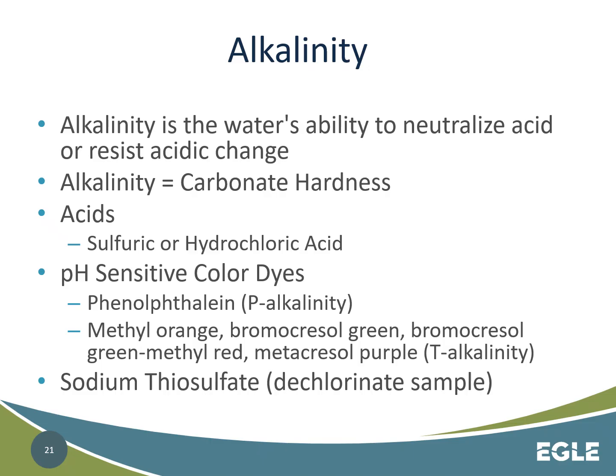Typically, the titrants used for this are sulfuric acid or hydrochloric acid, 0.02 N normality. Sulfuric acid, or H2SO4, is the typical. So a lot of times what they're going to do with this is use pH-sensitive color dyes, such as phenolphthalein.